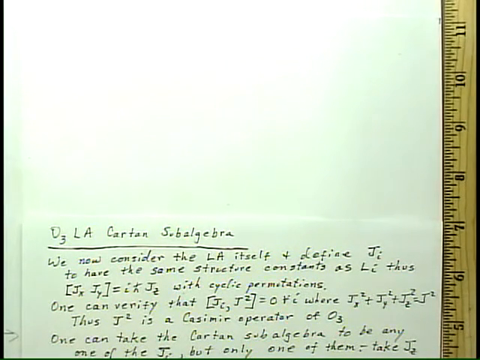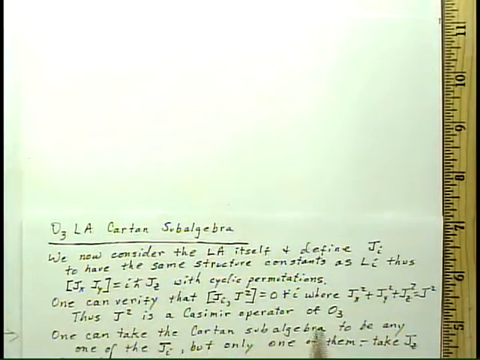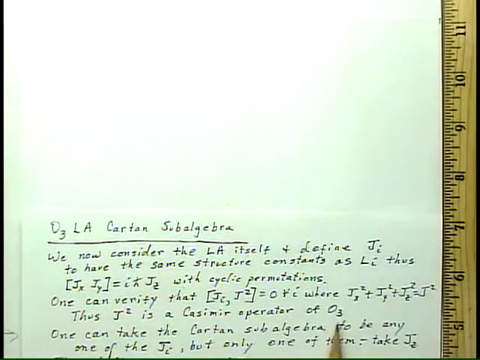So it makes sense that Jx squared plus Jy squared plus Jz squared, as the length of the angular momentum vector, is invariant under its own group generated by Jx, Jy, and Jz. Consequently, we can see that J squared is a Casimir operator of O3.